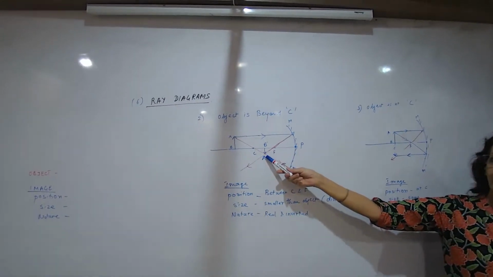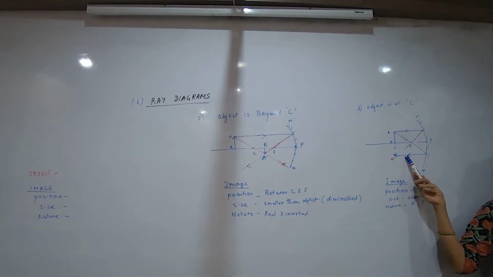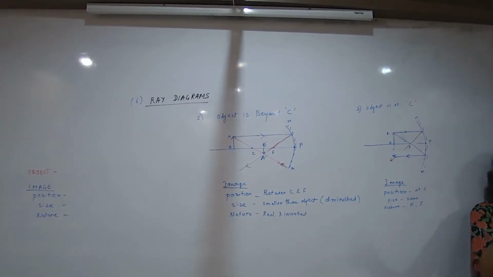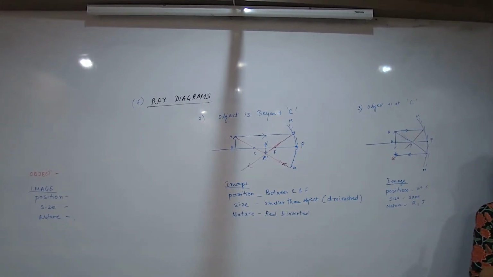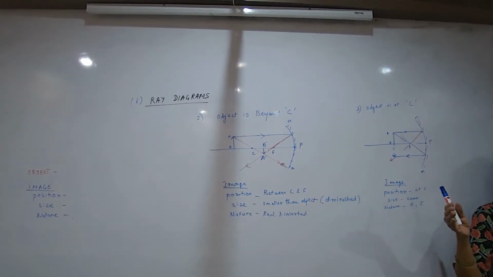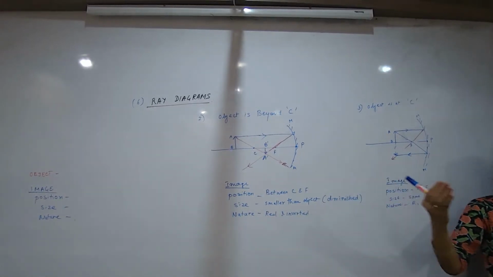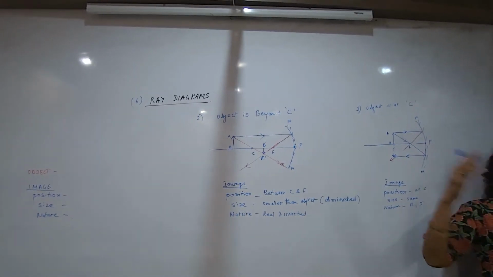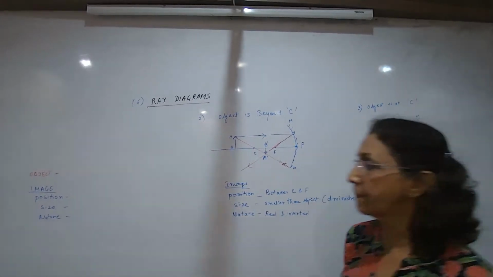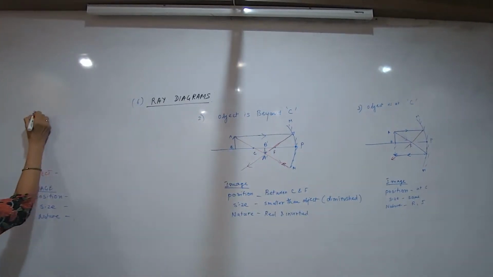Now it is becoming bigger. So as the object is coming closer and closer, the image is becoming bigger and bigger. Got it? If the object is coming closer to the mirror, the size of the image is bigger. Position number 4.